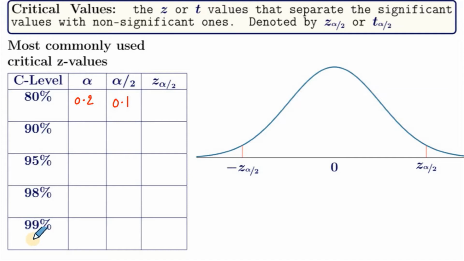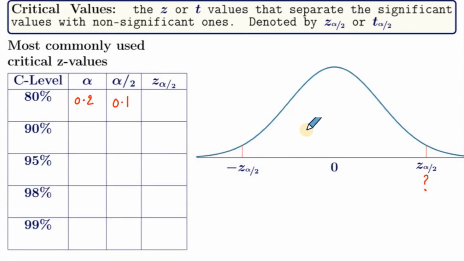Now, let's try to find Z alpha by 2. We can use table, calculator, and Excel to find Z alpha by 2. So we are supposed to find this point here, Z alpha by 2. So first, let me show you how to find it using table. For a table, we look at area to the left of Z alpha by 2. That means area towards the left. So this area.